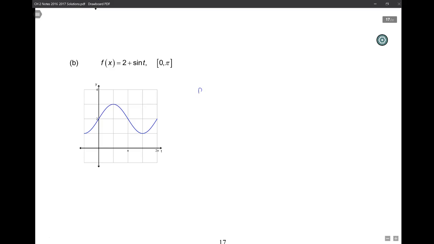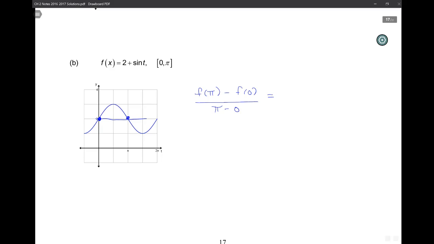So let's take a look. f of pi minus f of 0 over pi minus 0. Again, what does this mean? Here's f of 0. Here's f of pi. What's the slope of that line? I should get 0. Obviously looking at the graph makes sense, so let's confirm that algebraically.